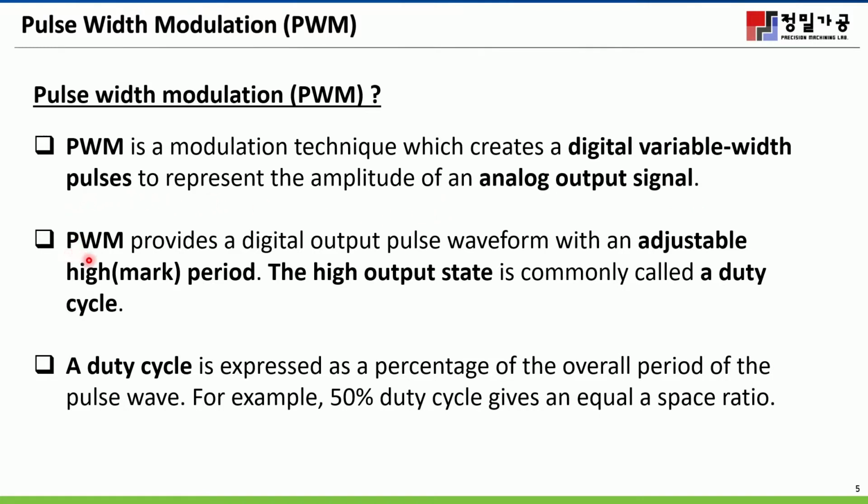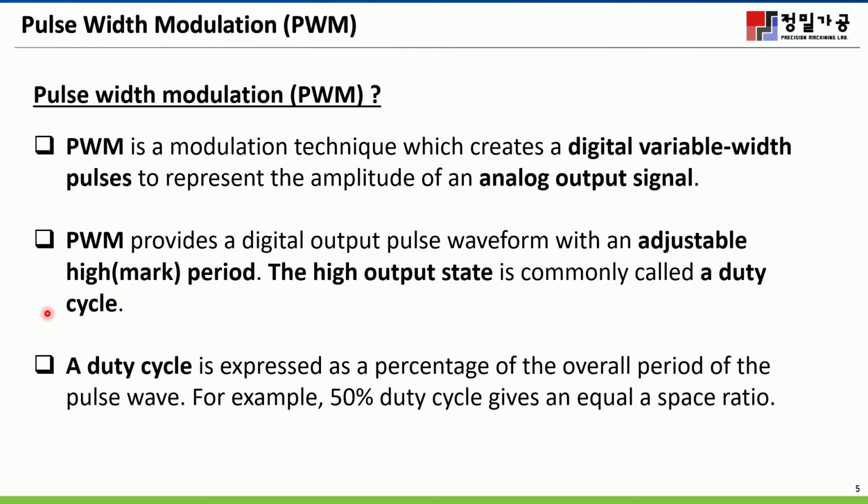Pulse width modulation provides a digital output pulse waveform with an adjustable high period. The high output state is commonly called the duty cycle. Understand? Only the high output state is called the duty cycle. This is very important.